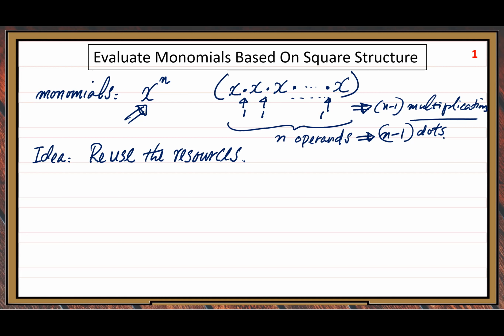Now let's look at the calculation part, this general power form. We need to use resources, right? You need to pay necessary costs to do the calculation here.